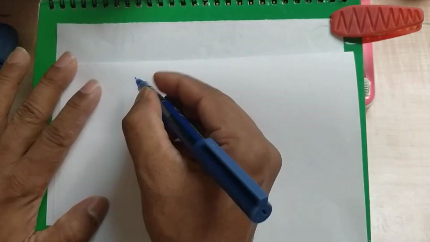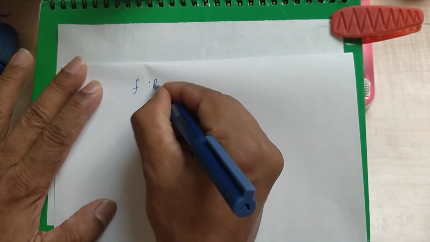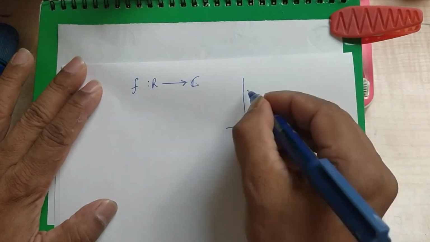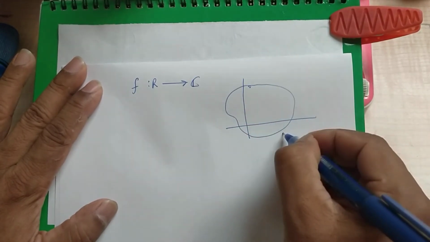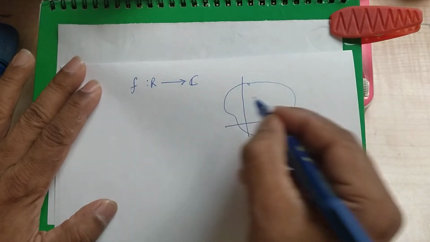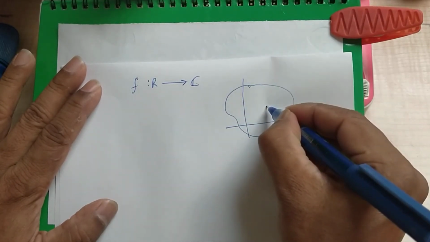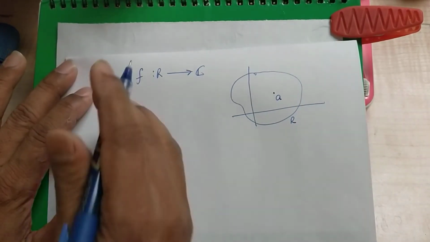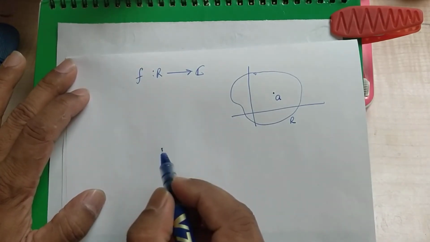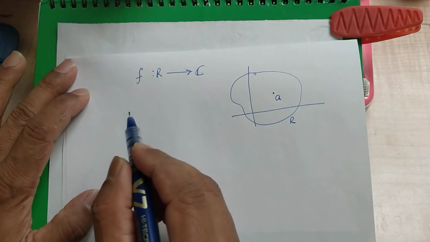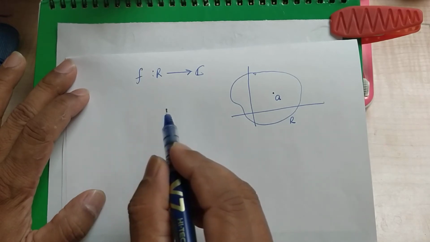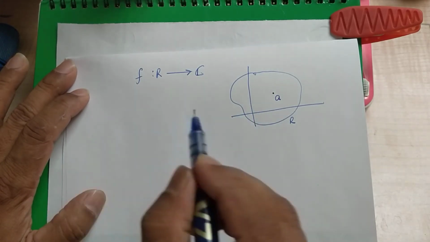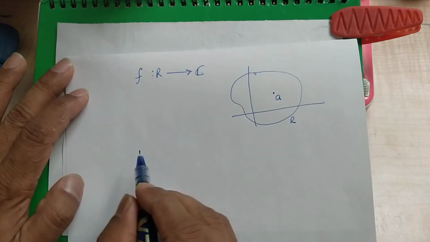Let f be defined on a region R. If you wish to draw the domain, let's say that this is our R, and we want to understand what is the meaning of saying that f is analytic at A. The short definition is that if f is differentiable at all points in a neighborhood of A, then you say that f is analytic at A.